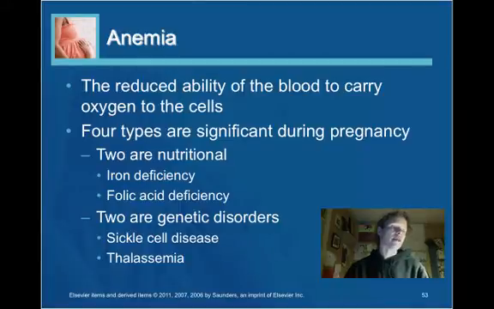So in sickle cell anemia, the red blood cells have an odd sickle-like shape to them, and this sickling shape is not present necessarily all the time, but in times of stress or hypoxia, the cells can sickle and change shape, and this can cause blood flow to not flow properly, and these cells can be destroyed more rapidly as well. This is most common in the African American population.